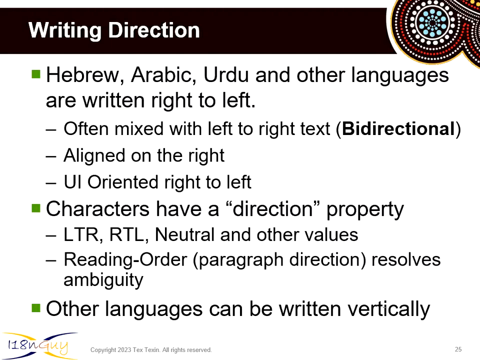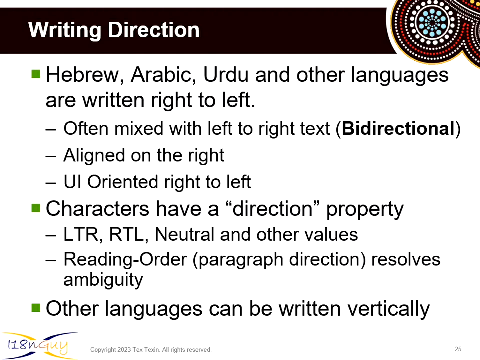So we'll come back to writing direction. I've mentioned that some languages are written right to left. They're often also including left to right writing, so they're called bidirectional. And so the characters have properties known as direction, which can be left to right or right to left, can be neutral, which means its direction is inherited from characters around it.